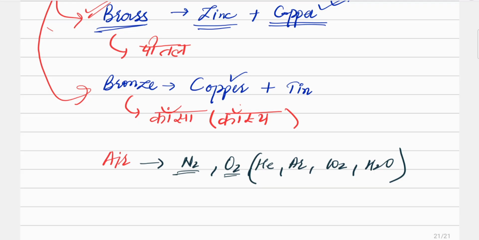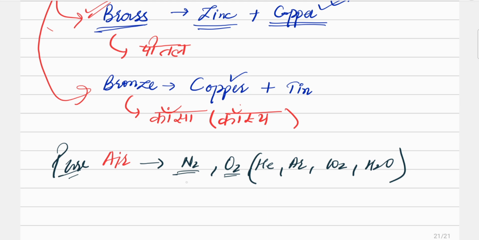Now, if I talk about only pure air, which is free from any kind of dust, any kind of bacteria, any suspension particle which is present in air. Okay, so if these gases are mixed together, can you see the nitrogen and oxygen atoms separately? No, you can't see them.